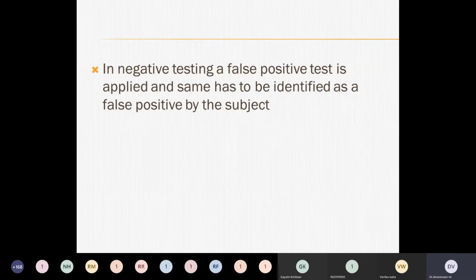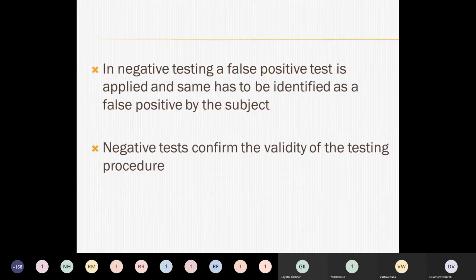During sensory examination, we have to do negative testing compulsorily. It is to confirm the validity of the test procedure. Otherwise, they will simply say, yes, I can perceive, or simply say, I don't perceive. So to avoid this, we have to do negative testing.